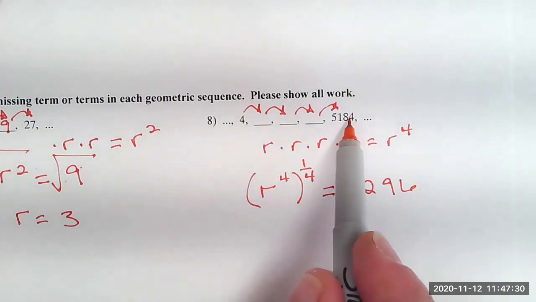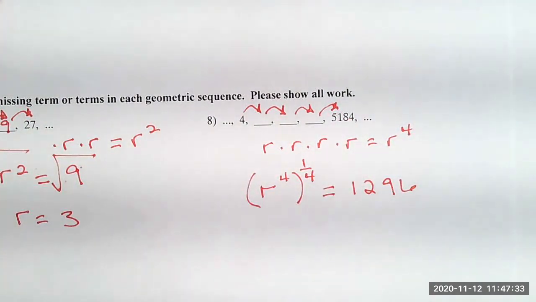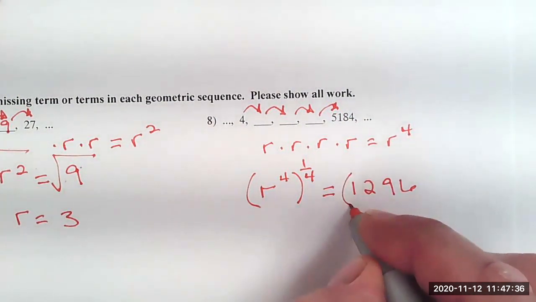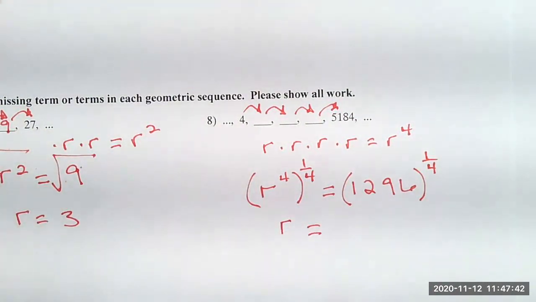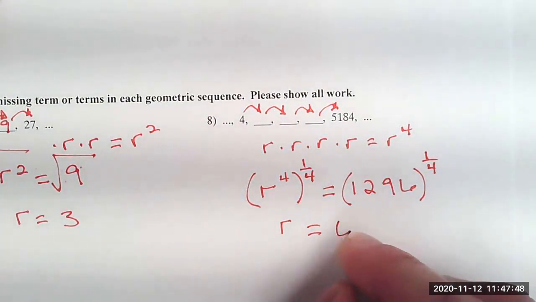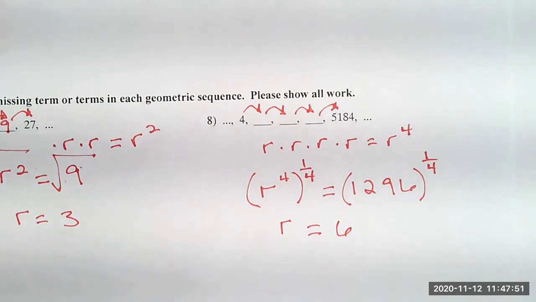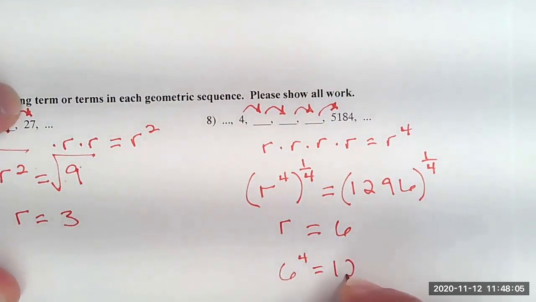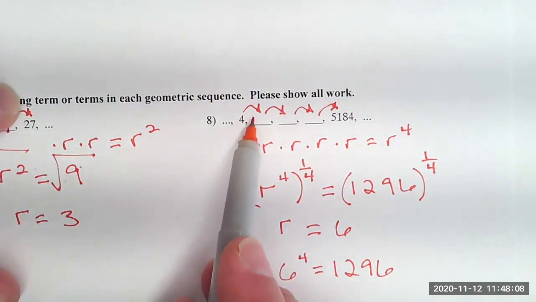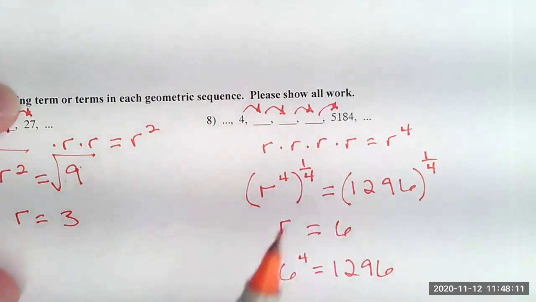I find the 4th root of both sides, and I get R equals 6. Just to confirm, I want to know, is 6 to the 4th power 1296? And it is. 4 times 6 times 6 times 6 times 6 gives me 5184.